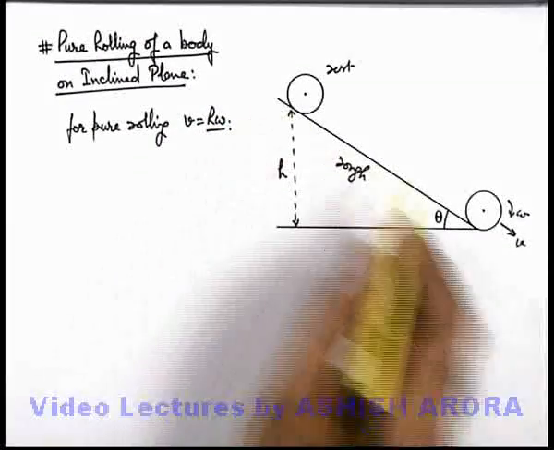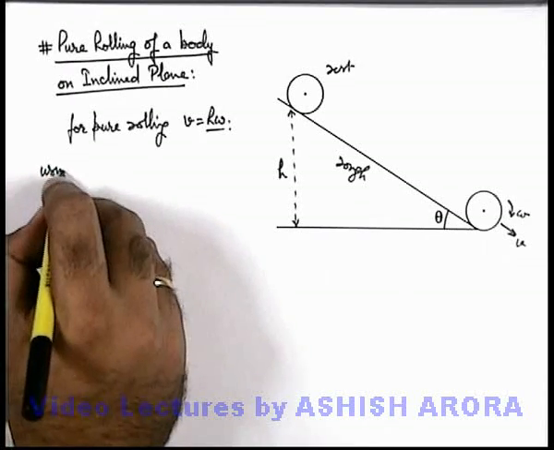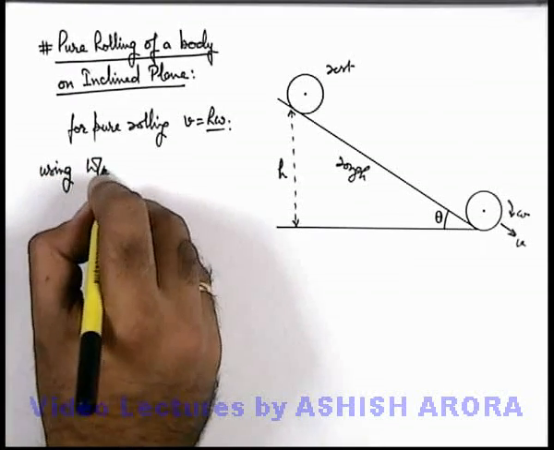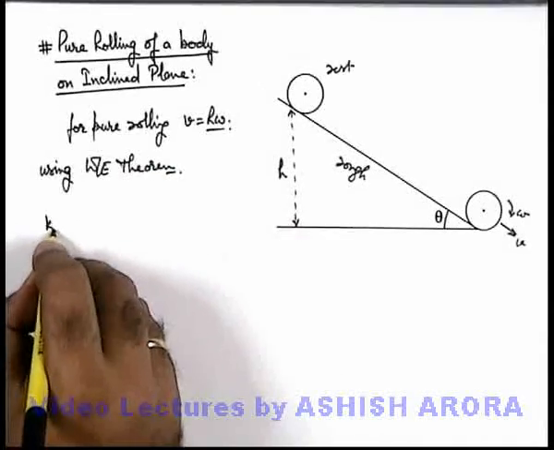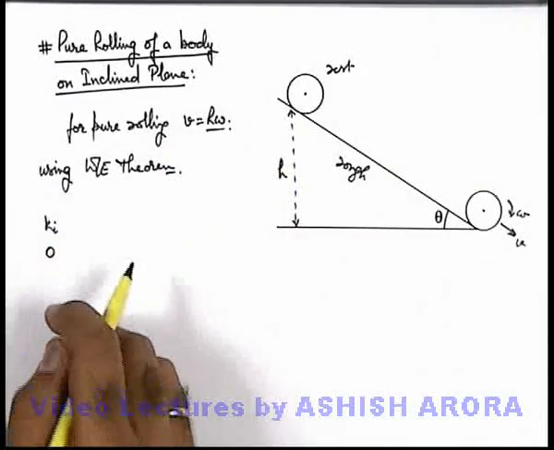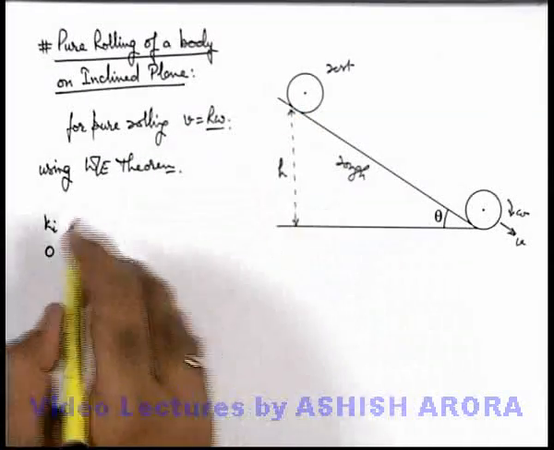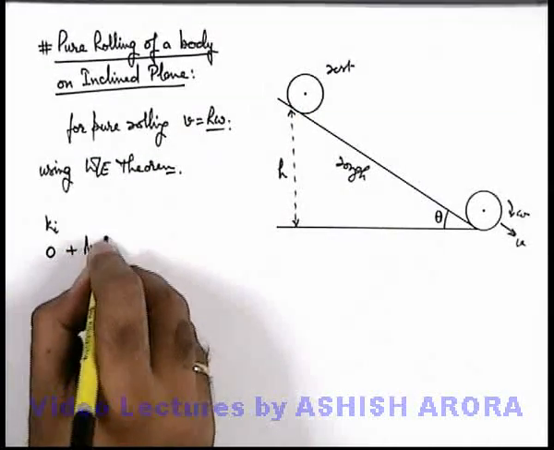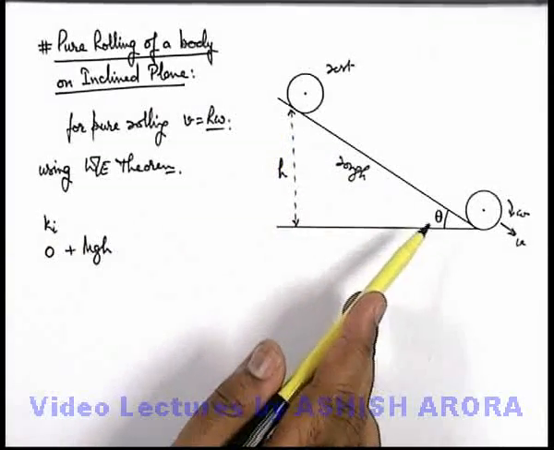Now, if we apply the work energy theorem from the initial to the final point of the body, we can write that the initial kinetic energy of the body was 0, and the total work done by gravity on it was mgh, and as we know, in case of pure rolling, no work is done by the friction.